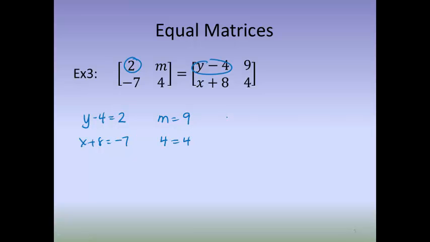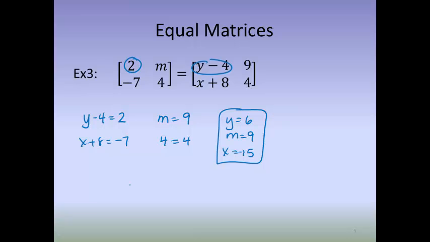So this gives us y equals 6 as one of our solutions, m equals 9, and x equals negative 15. So we can solve for the elements within. This kind of gives us a basis of what we're going to be working with as far as what the names are and how we can speak to each other about matrices.